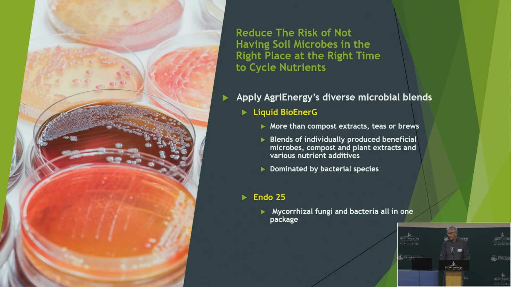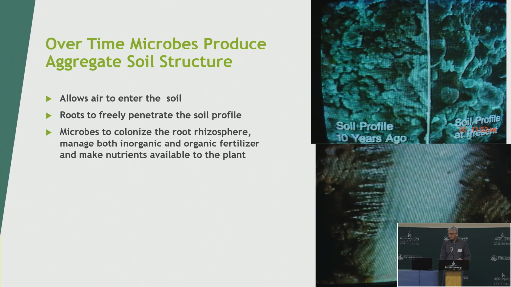And then the Endo 25 that we use for a seed treatment has many of the same organisms, but it also has mycorrhizal fungi. And you've probably all heard of mycorrhizal fungi. They act like an extension of the root, helping to solubilize phosphorus and other nutrients in the soil. So again, we want that diversity of microbes, so we're covering all those functional groups, so our soil functions at maximum capacity.